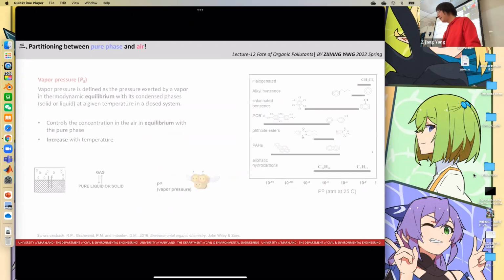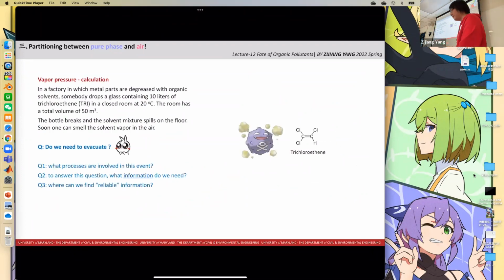And here we have a calculation question. So let's just say in a factory in which the metal parts are degreased with organic solvents, someone drops a glass container that contains 10 liters of trichloroethylene, TRI, in a closed room at 20 Celsius degrees, and the room has a total volume of 50 cubic meters.